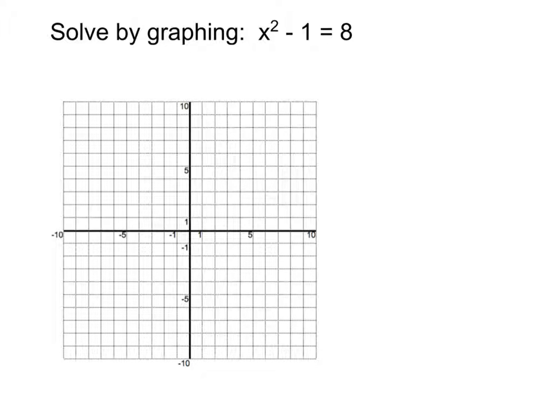Alright, so in making this graph, remember we basically graph the left side, so x squared minus 1. In that case, the minus 1, remember, means down 1. And then we make our graph from there.